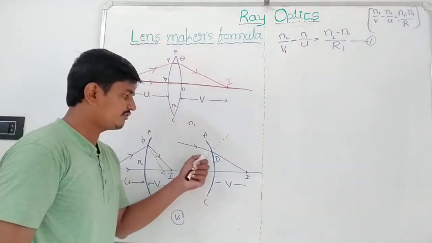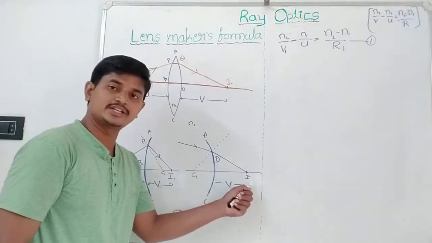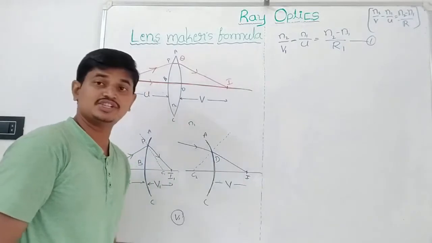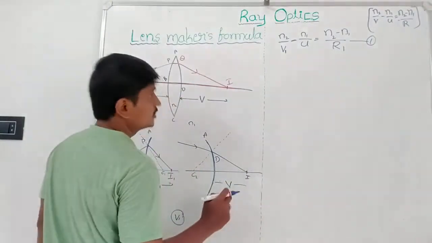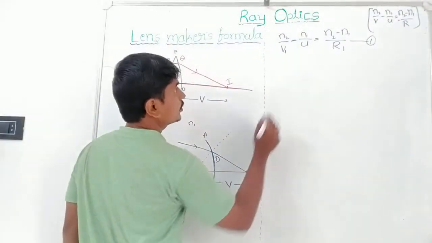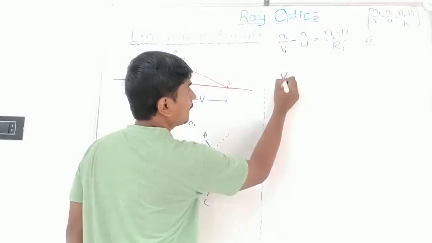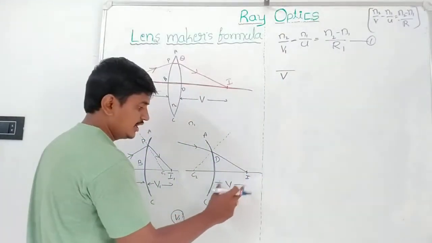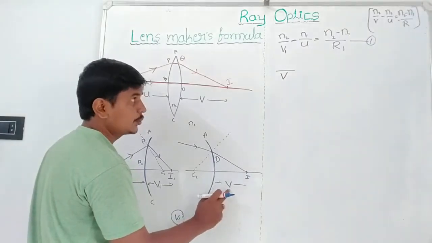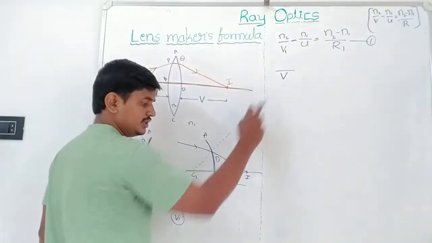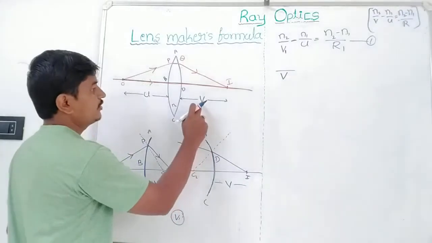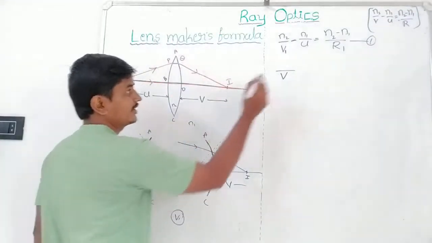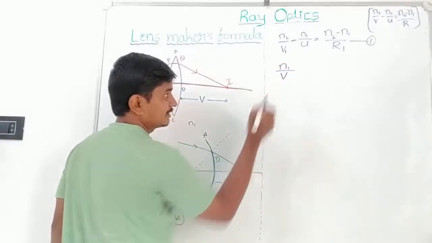Then after refraction, which forms the real image at distance V. Hence the equation becomes: the image is here V, this is a real image, and its image distance is V, which is present in the rarer medium of refractive index N1.